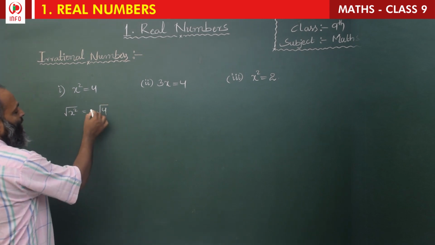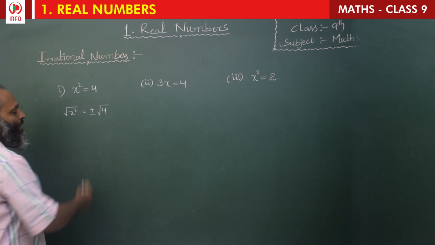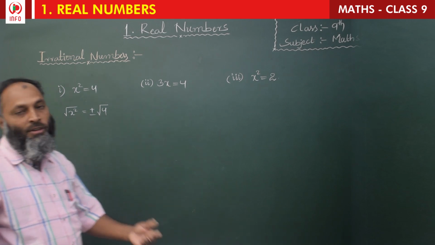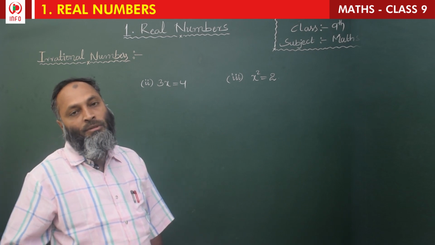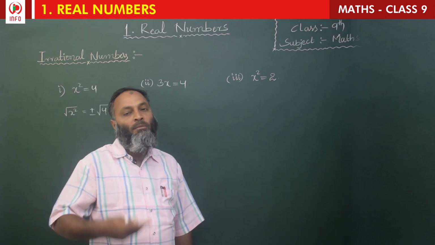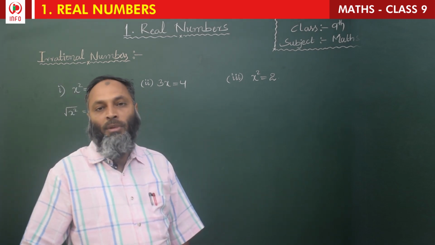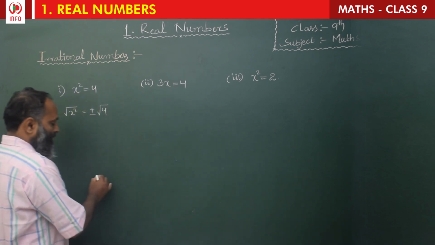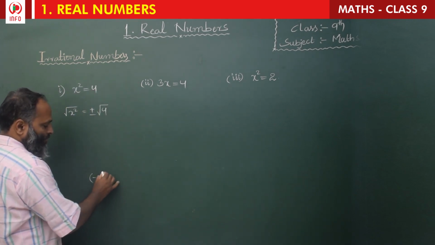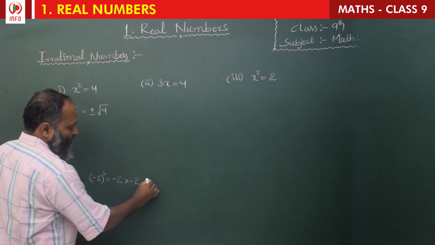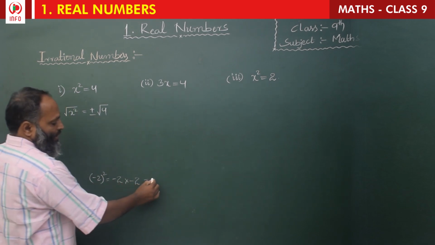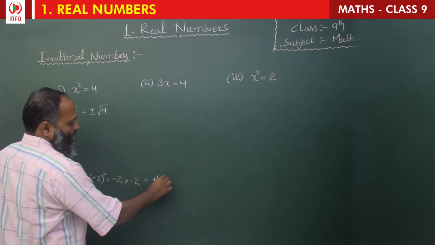Whenever a square root comes, we should take plus or minus. Why? Because minus 2 whole square is also 4, and plus 2 whole square is also 4. Minus 2 whole square is minus 2 into minus 2, minus into minus is plus, 2 2's are 4, so plus 4.